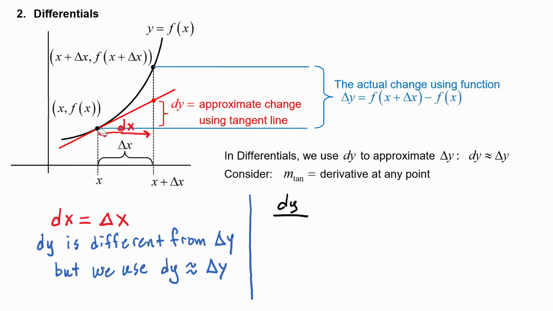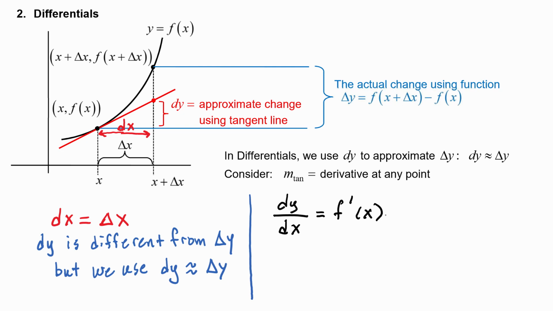The change in the x values is dx. Remember, we're talking about the tangent line here, not the actual function. So the difference of y values is dy, that's why that goes in the top, and the difference of x values is dx in the denominator. And that has to equal the derivative, which we know is f prime of x, which also gives us the slope of the tangent line here.